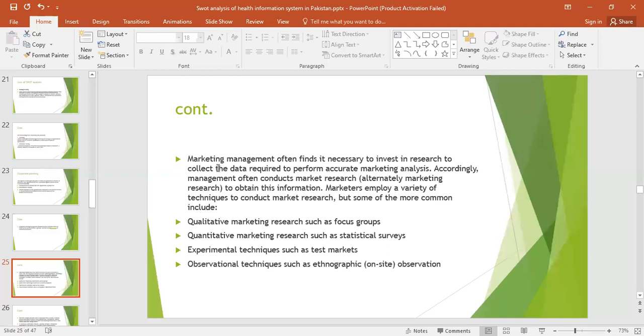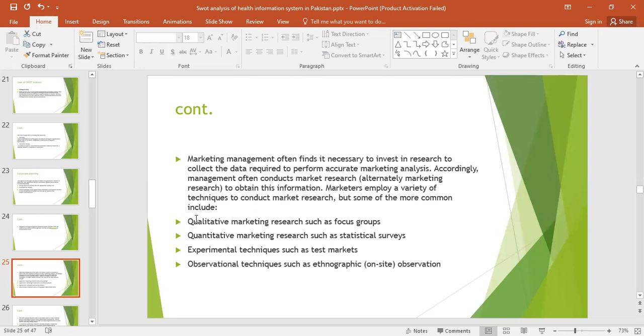Now comes marketing management. Marketing management often finds it necessary to invest in research to collect the data required to perform accurate marketing analysis. Accordingly, management often conducts market research, alternatively marketing research, to obtain this information. Marketers employ a variety of techniques to conduct market research.